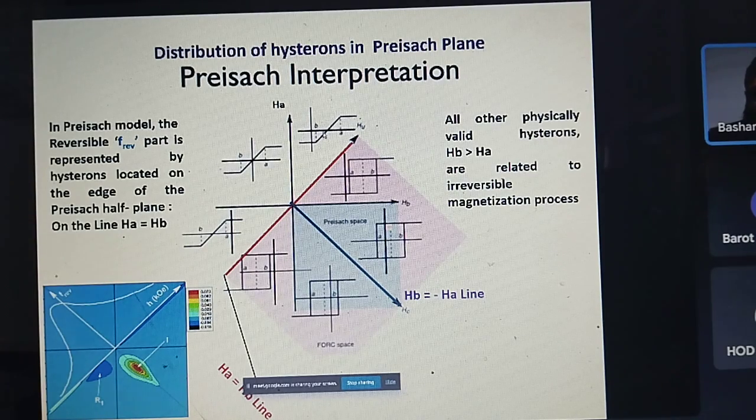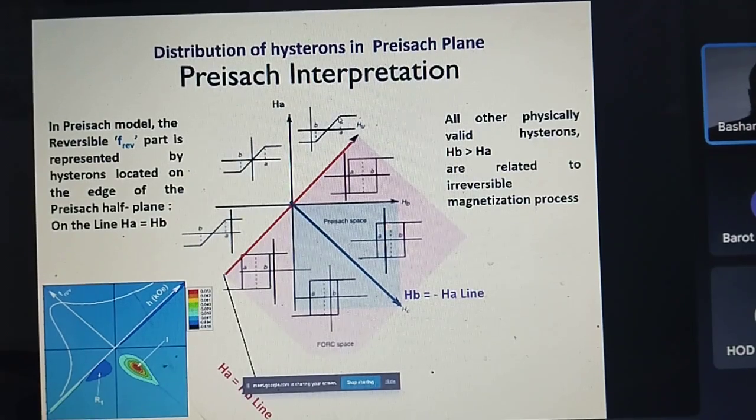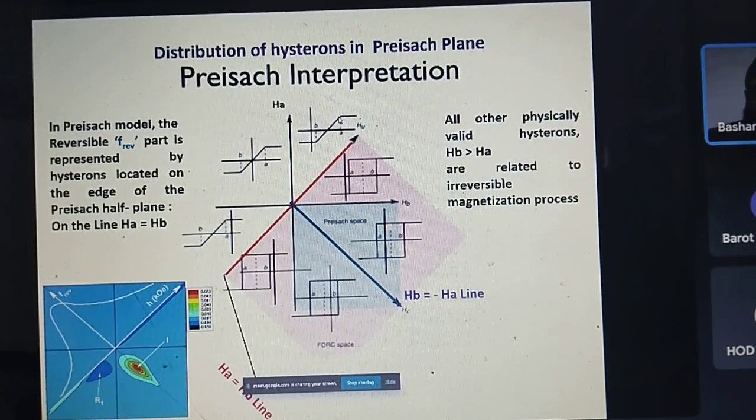As you can see here, you have these hysterons, their hysteresis, but these hysteresis do not show the loop, so we call them reversible hysterons. Whereas the hysterons below this red line show us the irreversibility component.